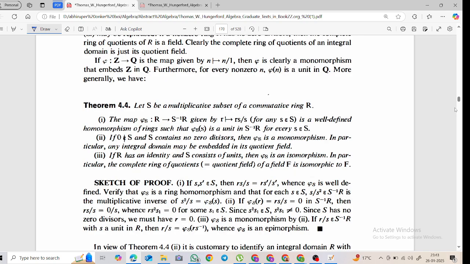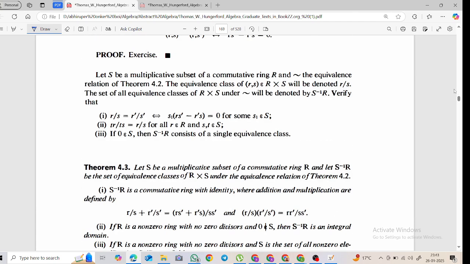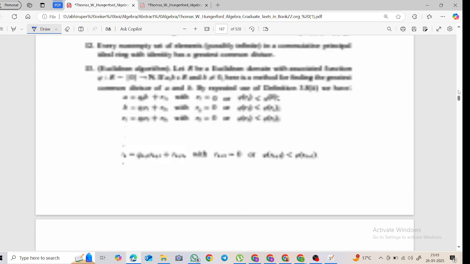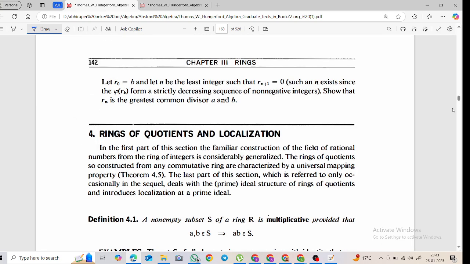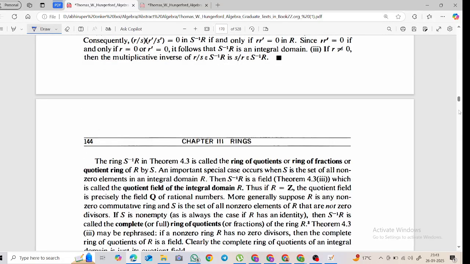Rings of quotients and localization, yes, this is something we need to discuss.